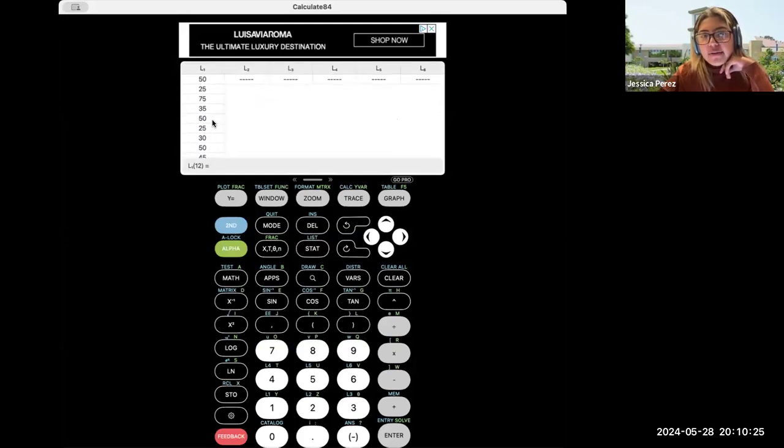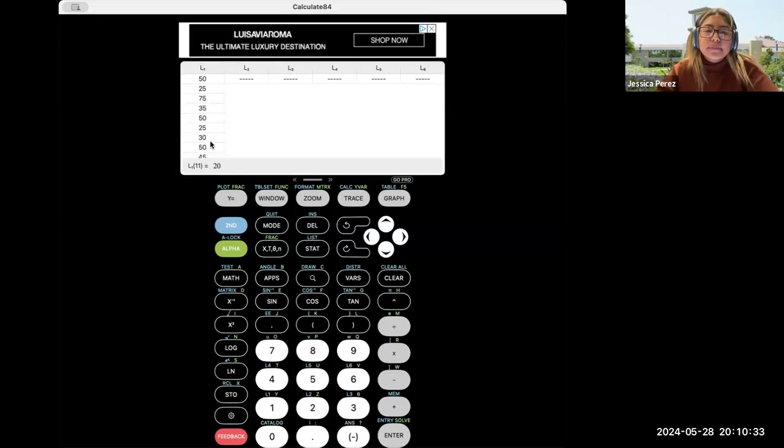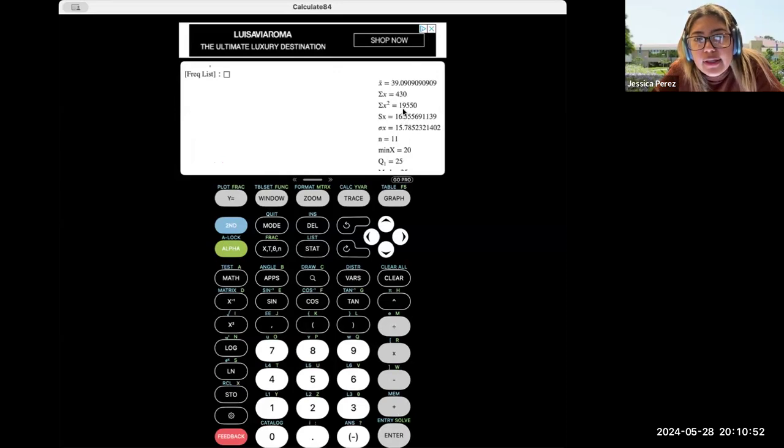These are the same values we had before, and it should be 11 data values. With those data values, we select stat, then calc, then one-variable stats, scroll down, and click enter.